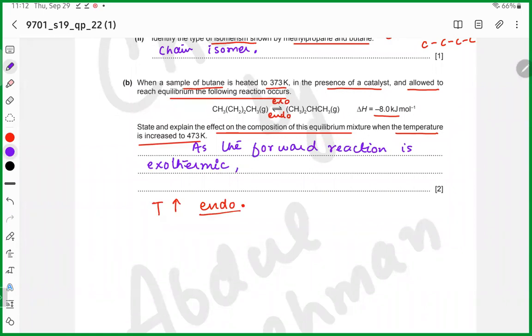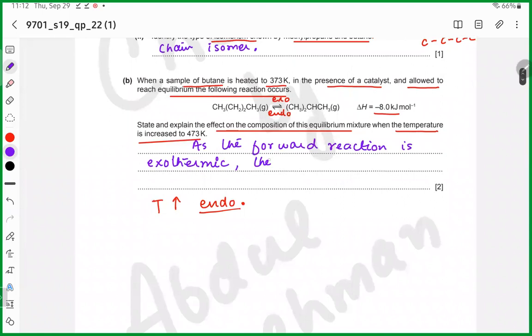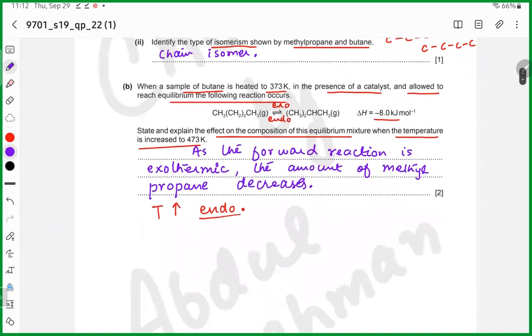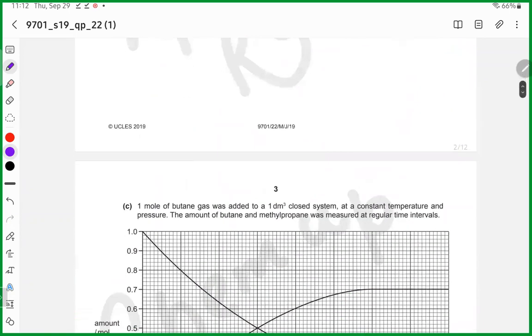Backward reaction is endothermic, so the equilibrium shifts to the left, which means that the amount of methyl propane, which is our product, decreases. Is this understandable to everyone? Yes, sir. Okay, if anybody has a doubt, do ask me.